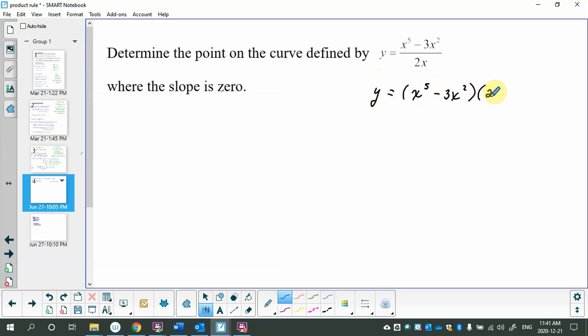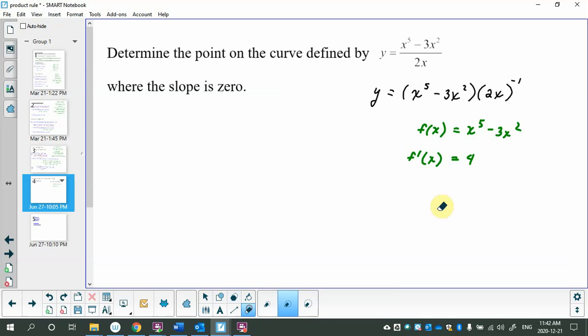And then I'm going to bring the whole 2x upstairs, and I am going to make it to the negative 1, because down here it's to the 1. And now I can keep going. So I'm going to do my scribbles here. My f at x is equal to x to the 5 minus 3x squared. And I need to take the derivative of that to do the product rule. So 4, scratch that.